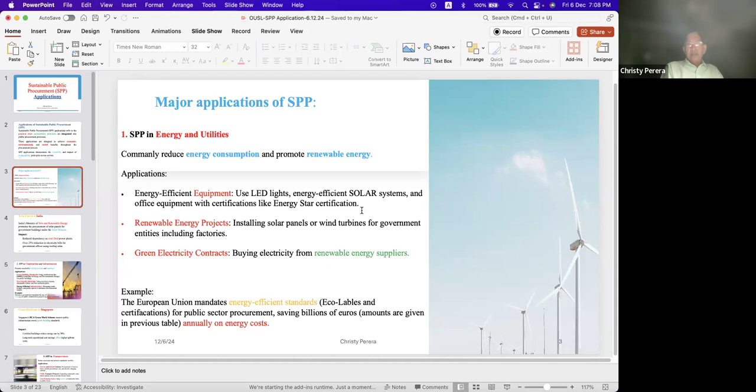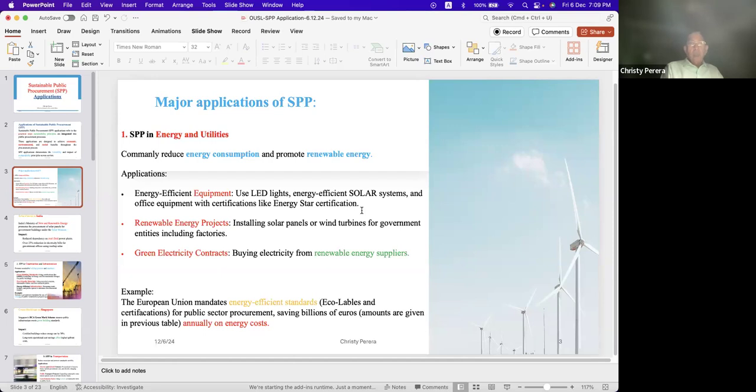Renewable energy projects. Some countries also have renewable energy projects. You know that in areas like water, there are so many private sector people who have started renewable energy from water, with energy plants to get some amount of units, not much, but some.